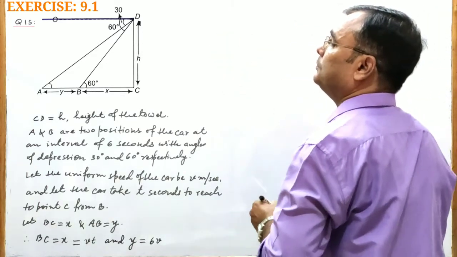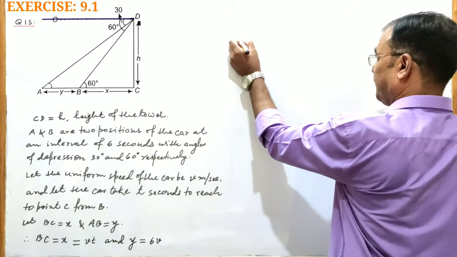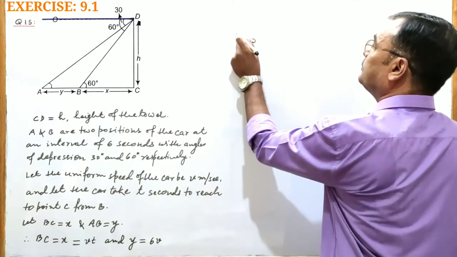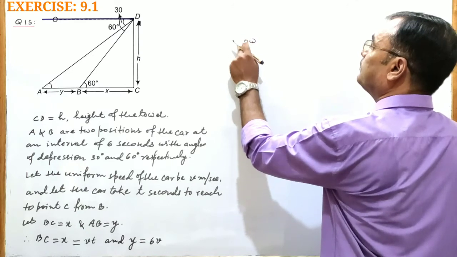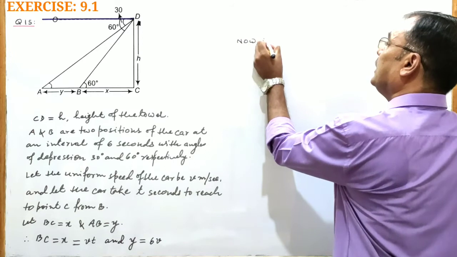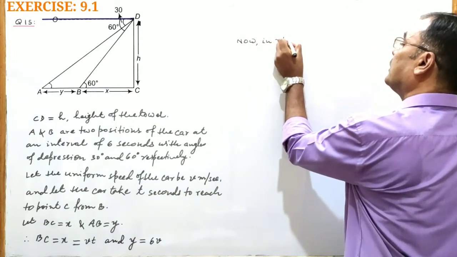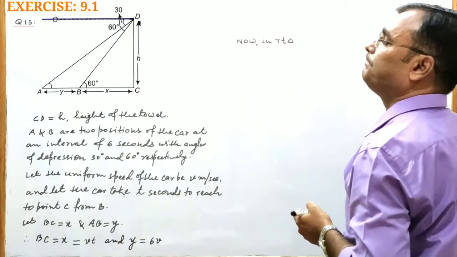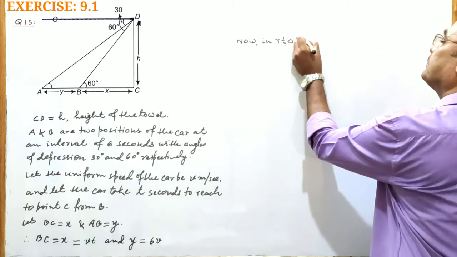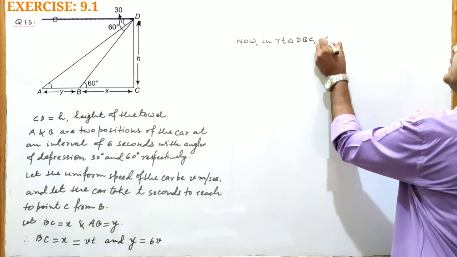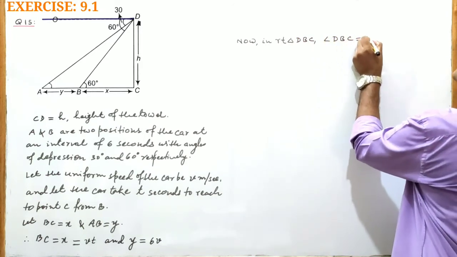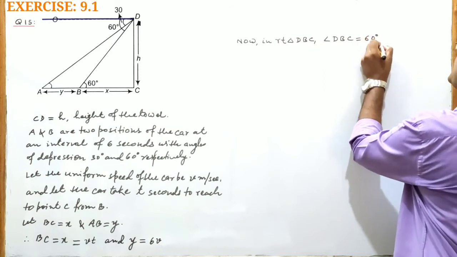Now in right triangle DBC, angle DBC is equal to 60 degrees.